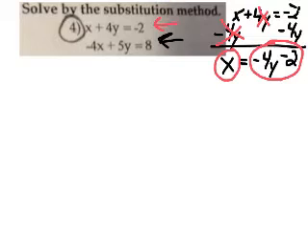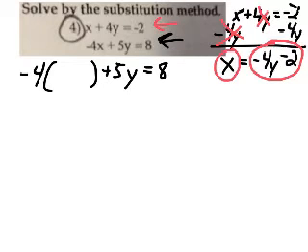It has to. So we've got negative 4 times our new x plus 5y equals 8. Okay, so I'm going to stick this in that open spot. Negative 4y minus 2. I'm putting that in for x.